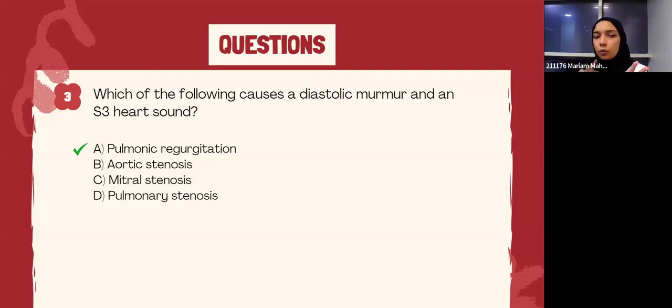So there's going to be a volume overload, and this is why we hear the S3 heart sound. It's not going to be mitral stenosis, because in mitral stenosis the atrium is pushing against a hard mitral valve, so that will cause atrial hypertrophy or dilation because there is more blood there.